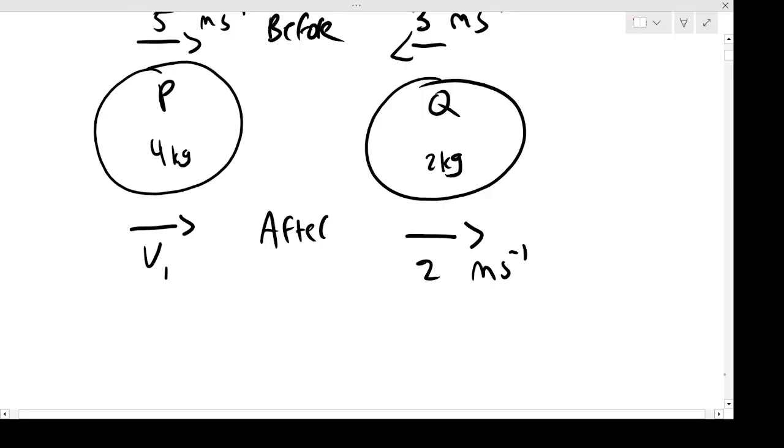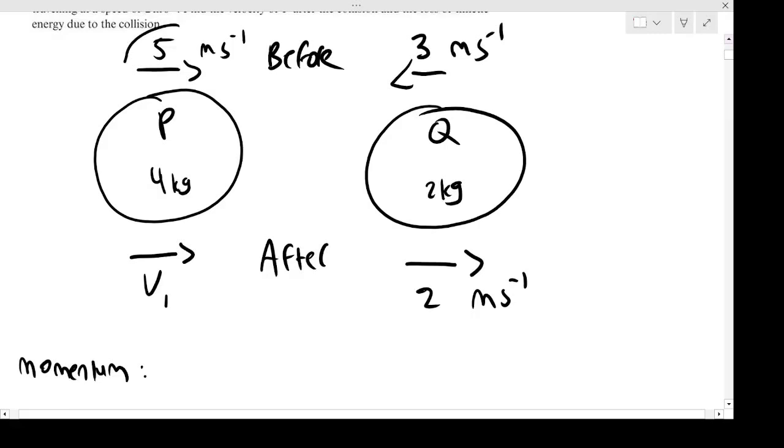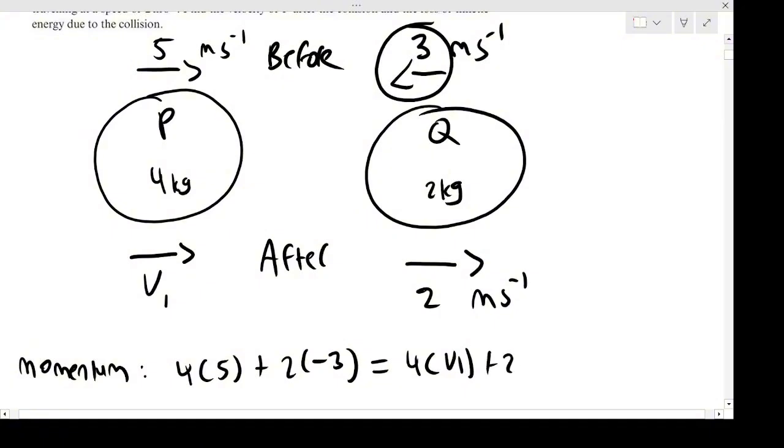So now we're going to apply my standard formulas. Momentum, okay. If we look at P, before it's speed 5, so it's going to be the mass of 4 times 5. Then for Q, it's mass 2 and then 3 for the speed, but that's in the negative direction, so it's minus 3. And that's going to equal, afterwards, 4 lots of V1, add 2 lots of 2.